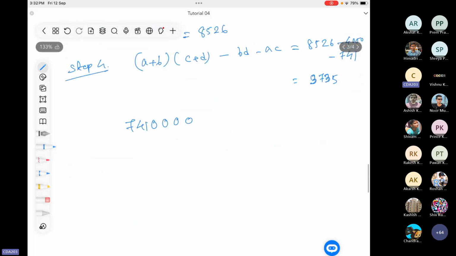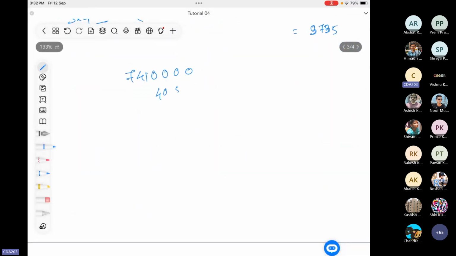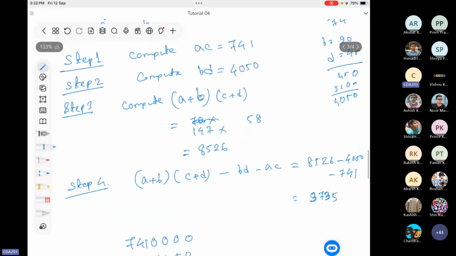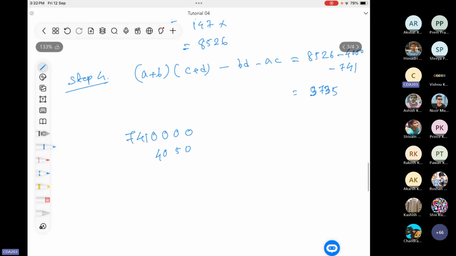So directly we write it, it's a 4-digit number, and last we computed this 3735. So it should be one step lower.